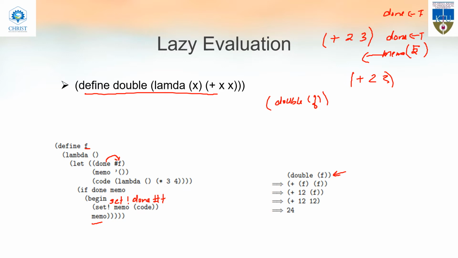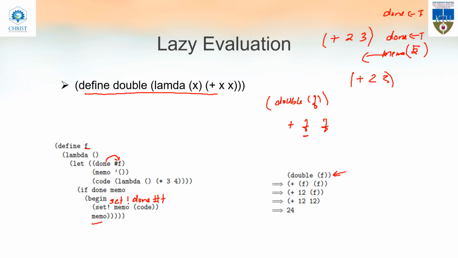Double of f, so f is the argument, so it is the same as plus f. Here x is the argument, here f is the argument, so plus f. Here we know that f is a function.